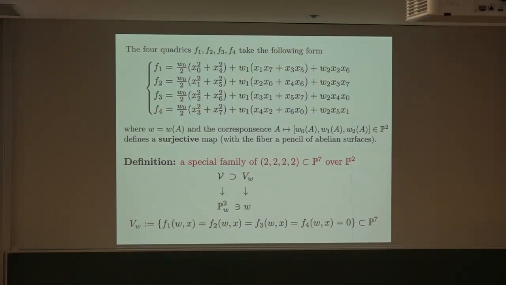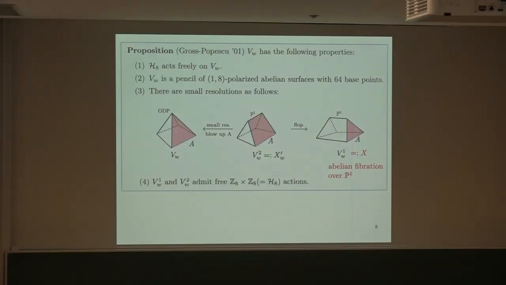That's a difference from the first talk. For this Calabi-Yau 3-fold we have the following properties. First, there is an action of the Heisenberg group on this Calabi-Yau 3-fold. If you look carefully, this action is free, with no fixed point.